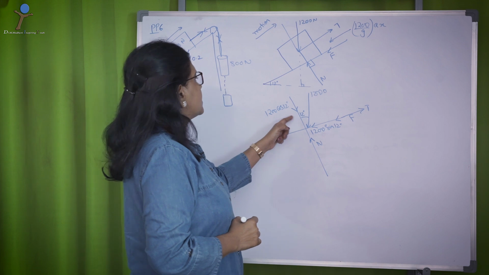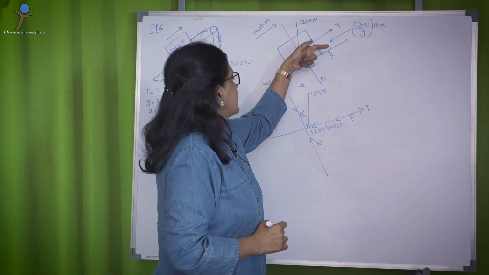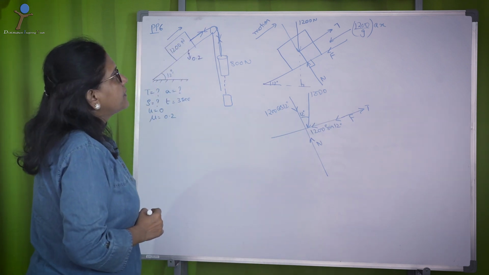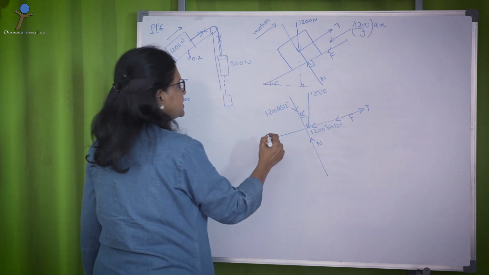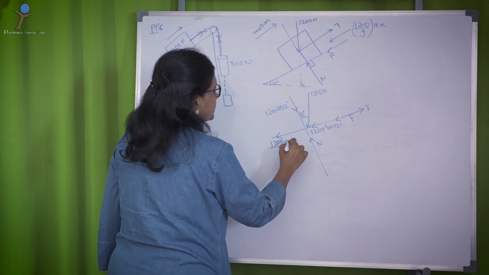So, we have considered all the forces, force F and T in the other direction. Then you have one more inertia force, that is 1200 by g into Ax.